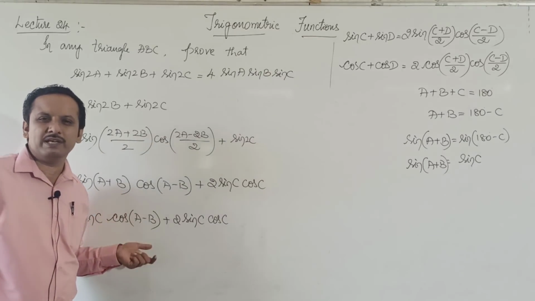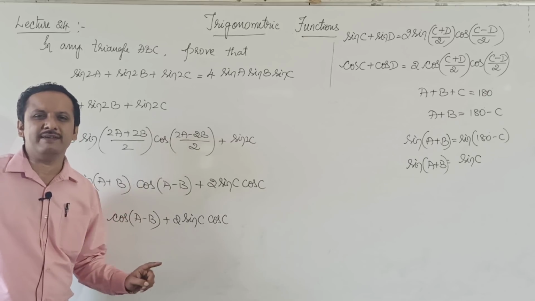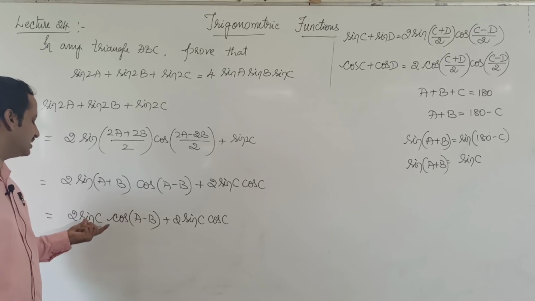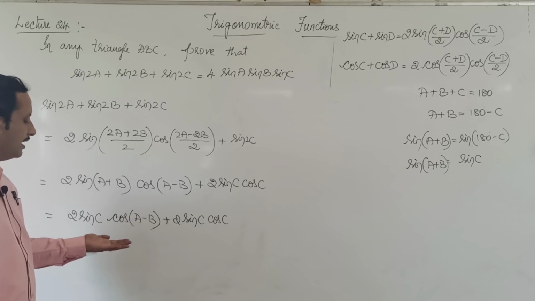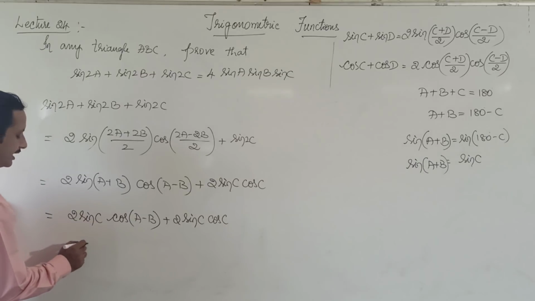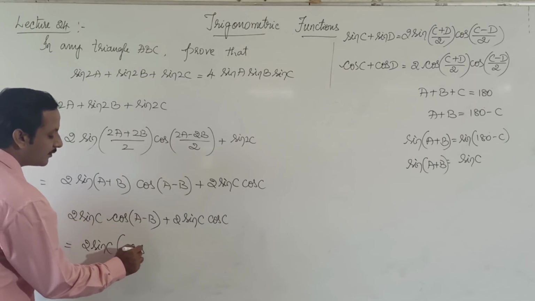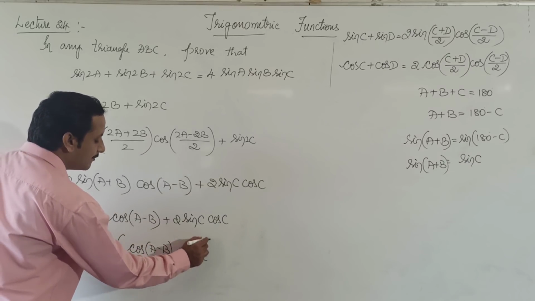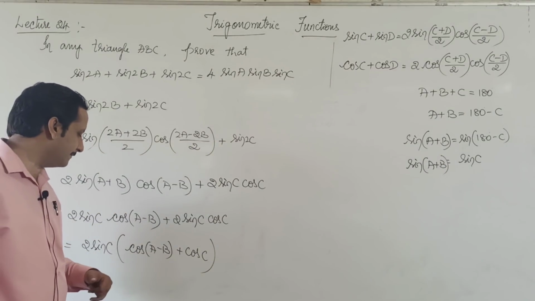A plus B need not be equal to C, but sin (A plus B) is equal to sin (180 minus C), that's equal to sin C. So sin (A plus B) can be written as sin C. That's what I am doing here. And after this step, I'll take 2 sin C as a common factor between these two. If I take 2 sin C as a common factor, then we are left with cos (A minus B) plus cos C.